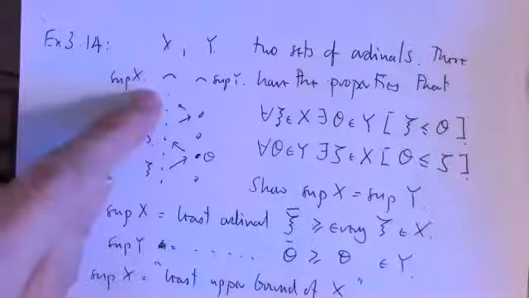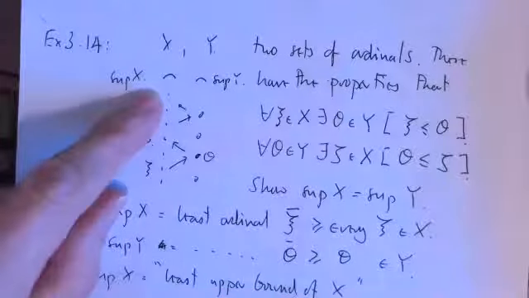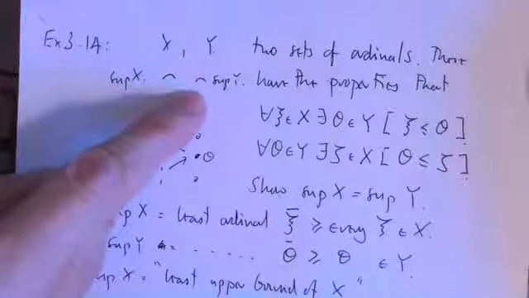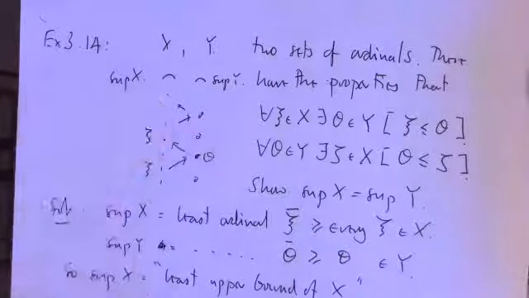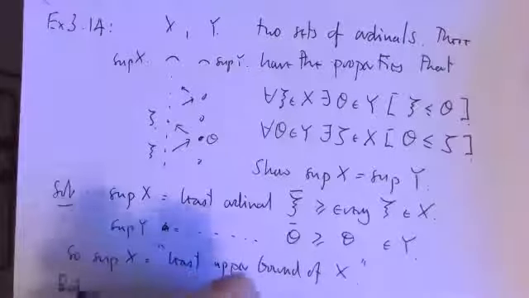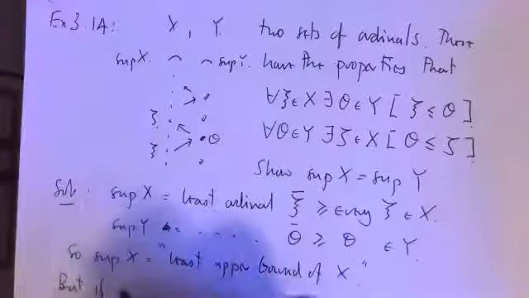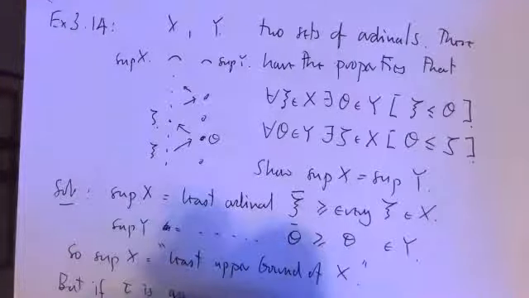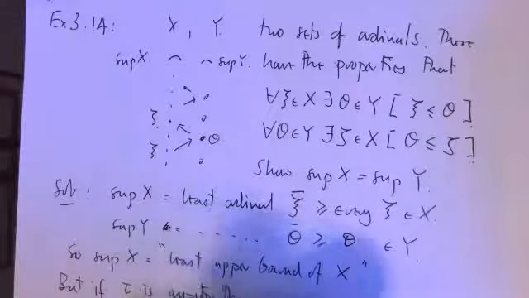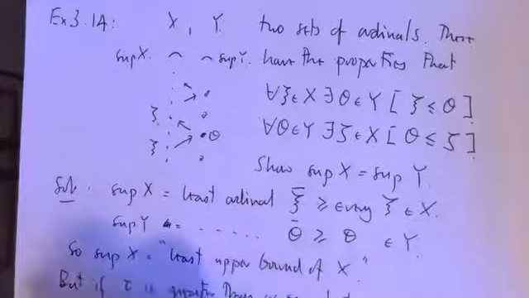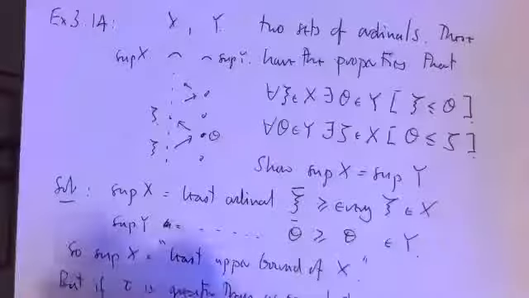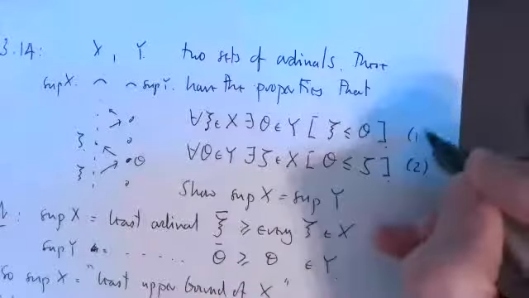If I have something that's greater than or equal to everything in X, it's clearly greater than or equal to everything in Y, right? Because everything in Y is less than or equal to something in X. So I think you just say, if tau is greater than or equal to everything in X, then let's label these things here 2 and 1.